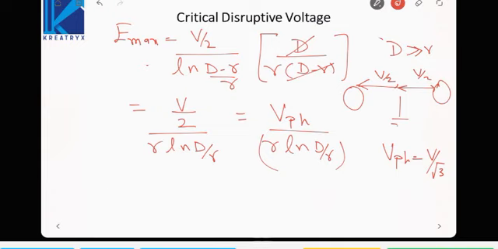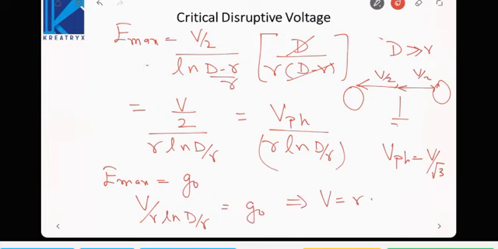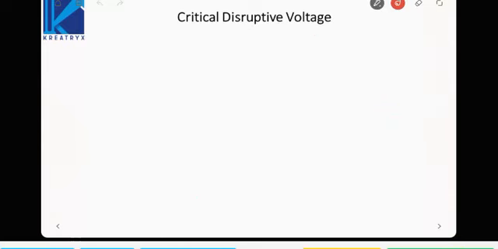For corona discharge or critical voltage, E max must be equal to G naught. So V by r ln d by r should be G naught. It implies V will be r G naught ln d by r. This is the voltage at which corona can be observed. But this is the voltage at NTP. Suppose there is some condition other than NTP.